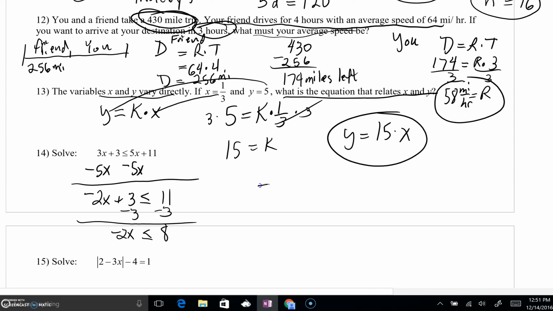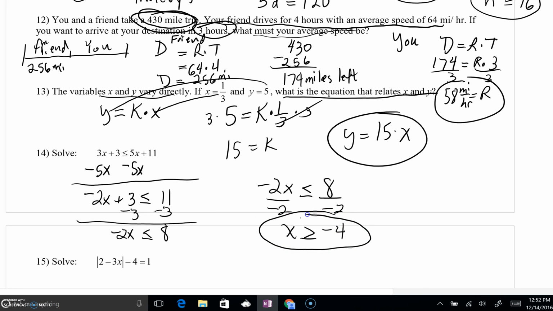So we have negative 2x less than or equal to 8. When you divide by a negative, you have to flip the direction of the inequality. Such an important aspect of inequality solving. Your final answer is x is greater than or equal to negative 4.